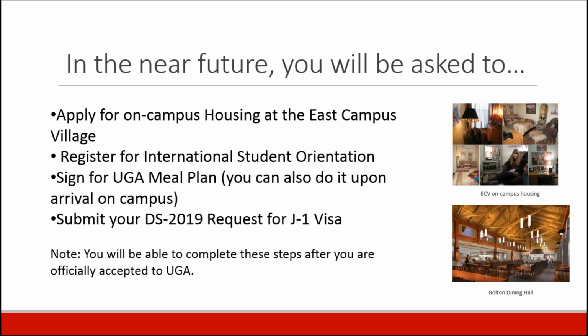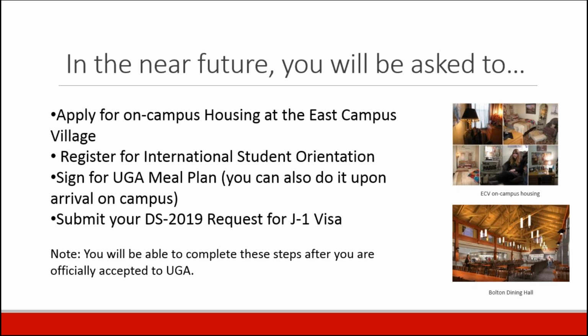You don't have to do it right now if you don't want to, but we usually recommend it in case you want to have your meal right away after you arrive on campus at the dining halls. And you're going to submit your DS-2019 request for your J-1 visa.